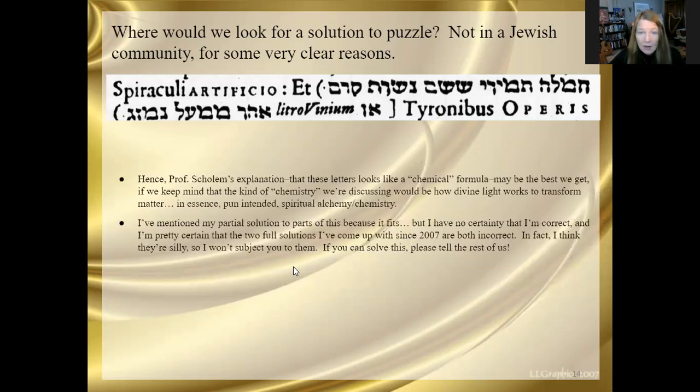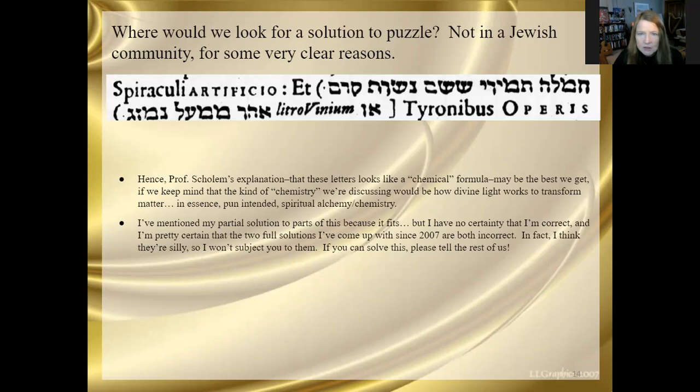So what I default to then is Professor Scholem's explanation that these letters look like a chemical formula. I can't tell you what the chemical formula is, other than it involves exposing the elements to light, and it would be a protochemical formula, the kind you would find in early works of Hebrew alchemy.